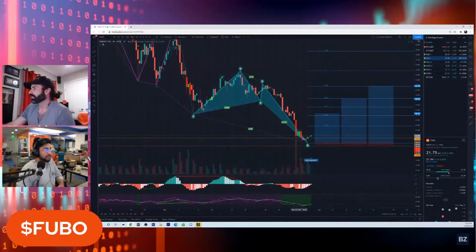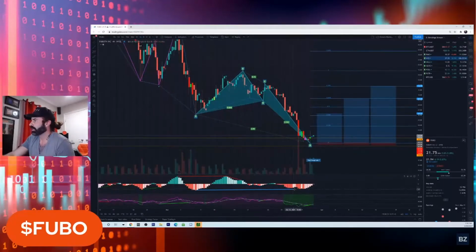If we look at the MACD, you got price action coming down. On the MACD here, it's also coming down. Same thing with this island here. If you look over to X, from X to D is coming down, but if you look at X to D on the MACD, it's coming up a little bit.